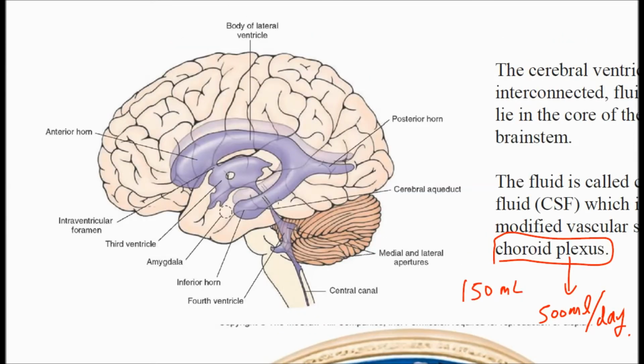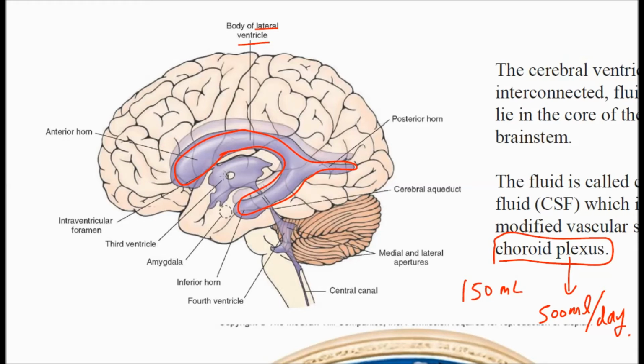So the biggest ventricle you can find in the forebrain is this C-shaped structure called the lateral ventricle. It has an anterior horn, inferior horn, and posterior horn. Two sets of these lateral ventricles are present.